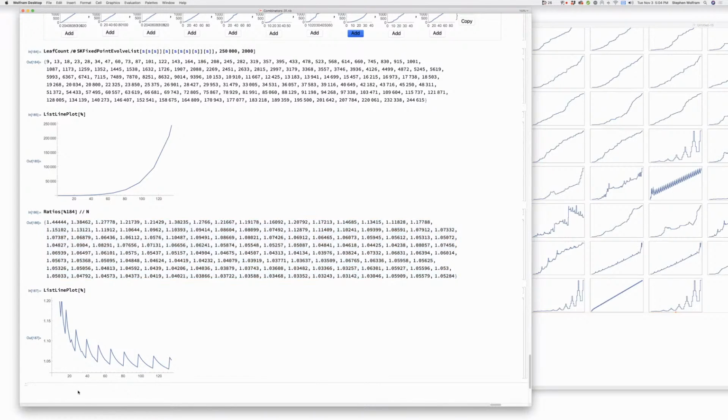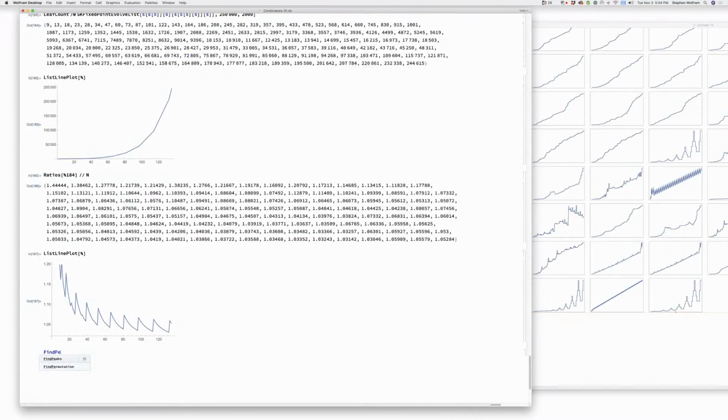So find peaks. How do we find the minimum peaks? So I guess we can just say find peaks of the negative of %186. Okay, so that's finding the position of those minima.